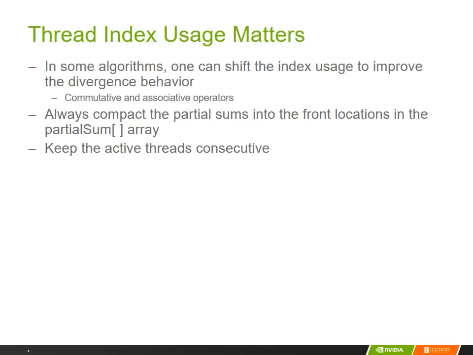This is usually because these algorithms use operations that are commutative and associative, just like reduction, where it doesn't matter in which order the elements are accumulated into the final sum. So we can slightly change the way we map index into data so that we can always compact the partial sums into the front locations in the partial sum array in the shared memory.